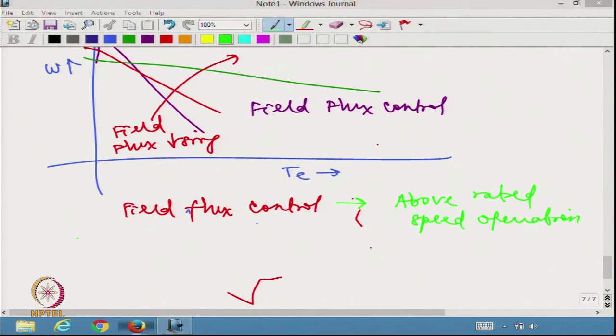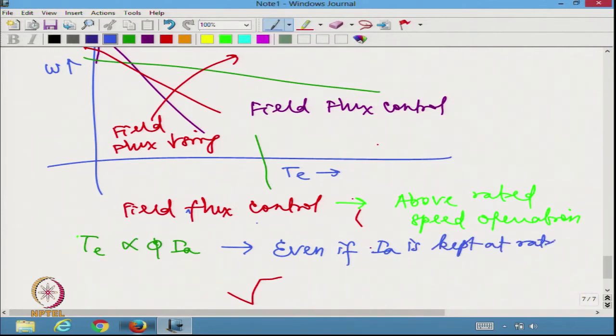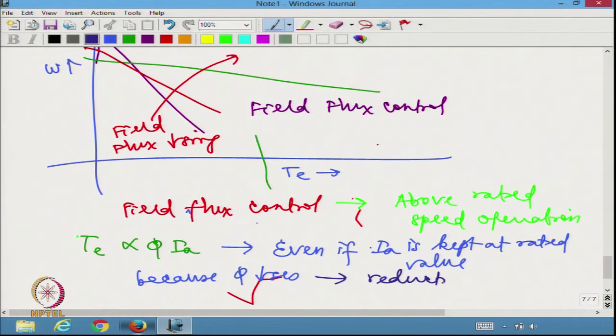When we reduce field flux, we can say Te is proportional to flux into Ia. So, even if Ia is kept at rated value, because flux decreases, I am going to have reduction in Te.